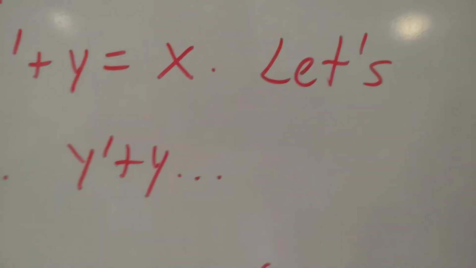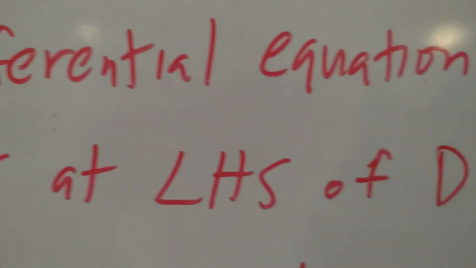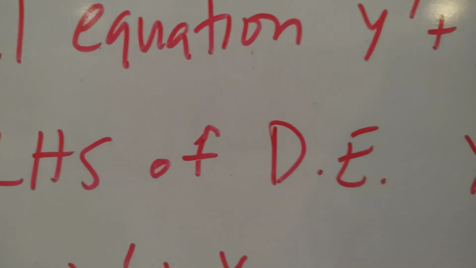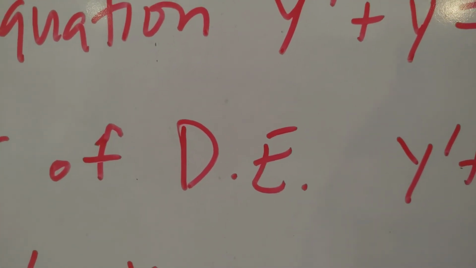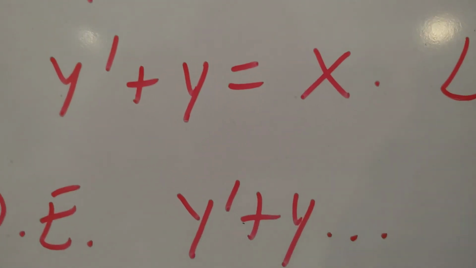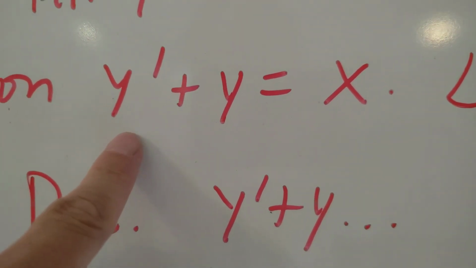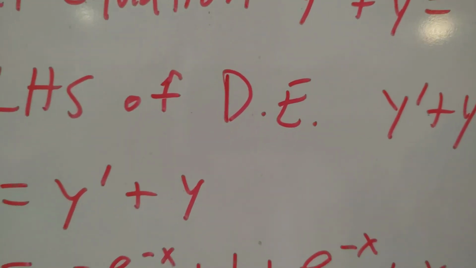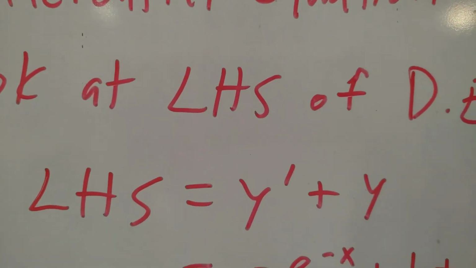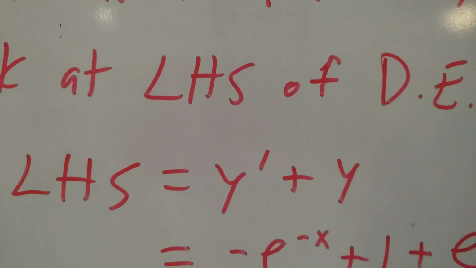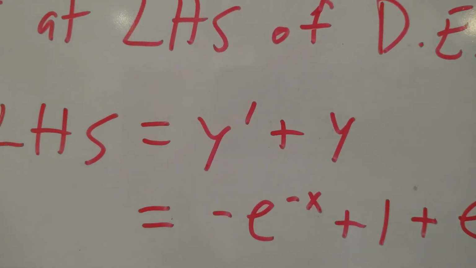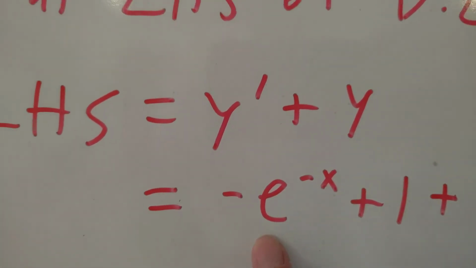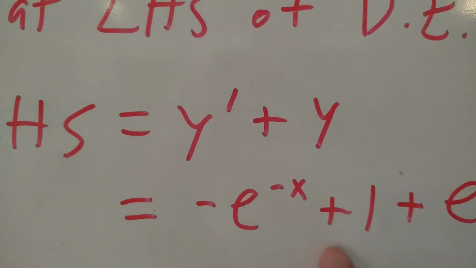Okay, so let's look at the left-hand side, LHS, of the DE, differential equation. So this is the left-hand side of the differential equation, just y prime plus y. So just focusing on that, the left-hand side is y prime plus y. We just found y prime to be negative e to the negative x plus 1.